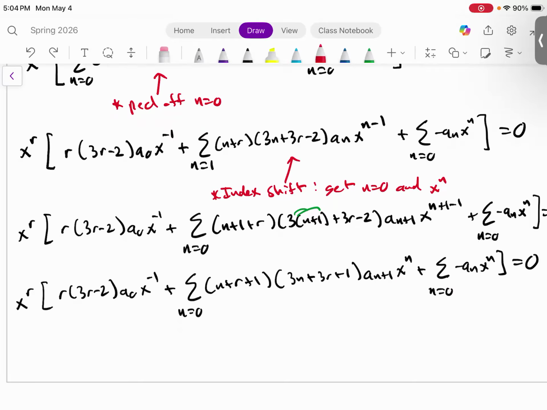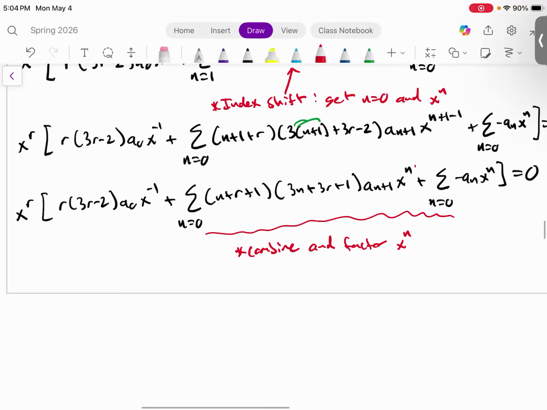So what I'm going to do in the same stroke is combine and factor out an x to the n. So I'm going to factor out an x to the n out of both of them. So let me annotate that we're combining these two and we're going to factor out an x to the n.